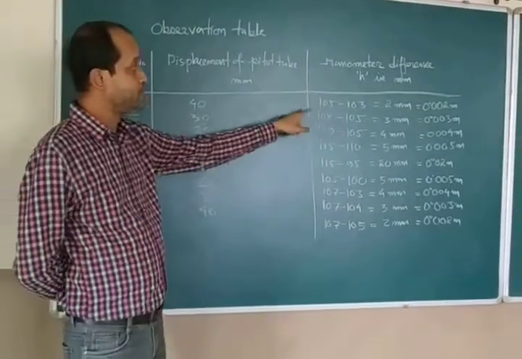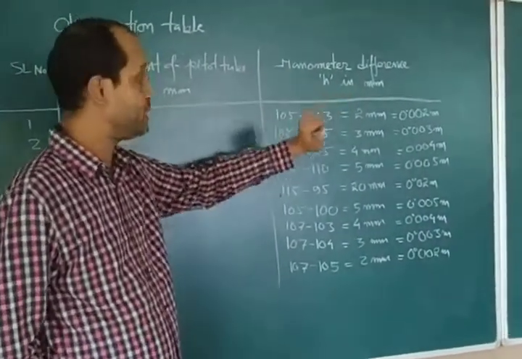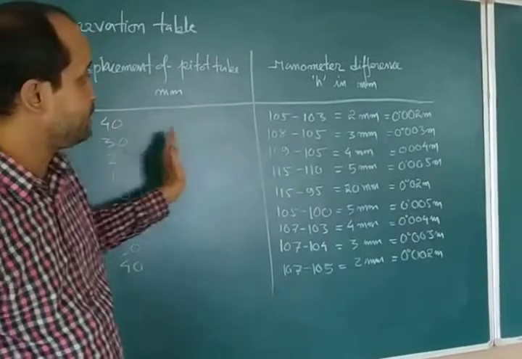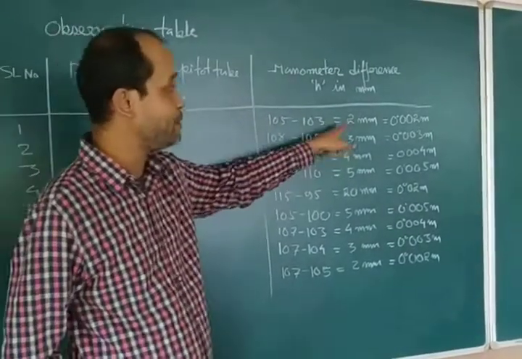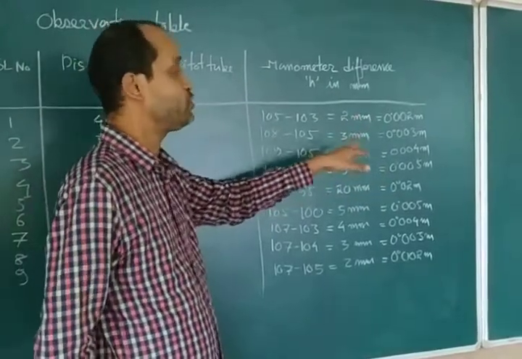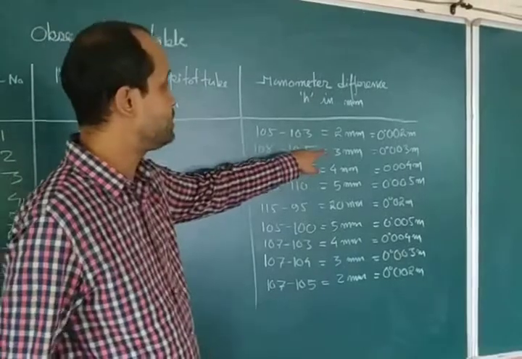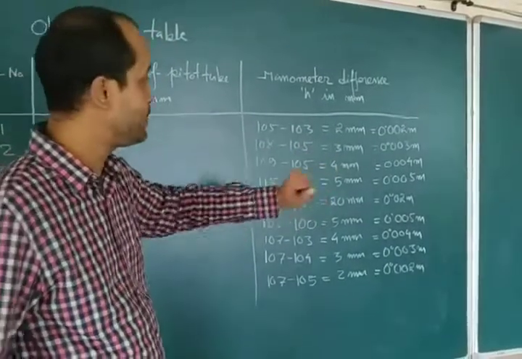So here you have to find out the manometer difference, that is in millimeter. For the first reading, your manometer difference is 2 mm. Now you have to convert this 2 mm into meter. This is 0.002 meter. Similarly, for the second reading, it is 3 mm, so 0.003 meter.